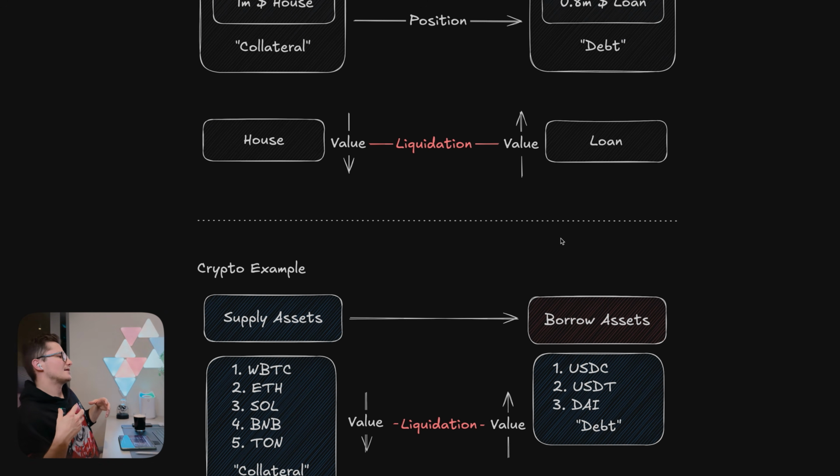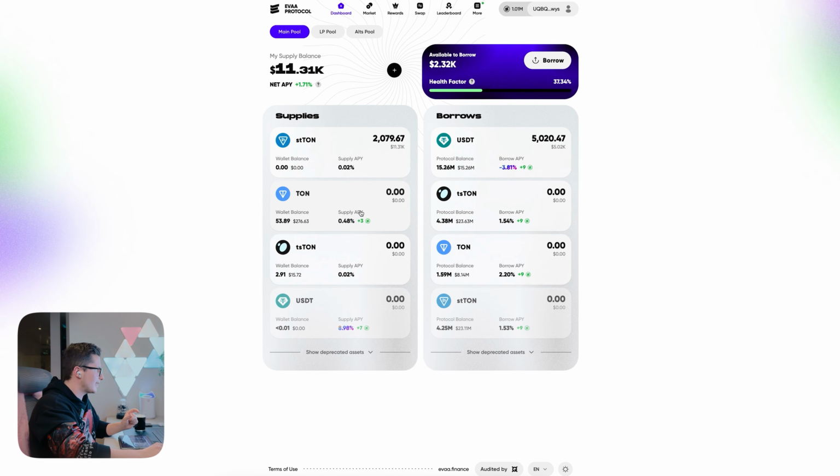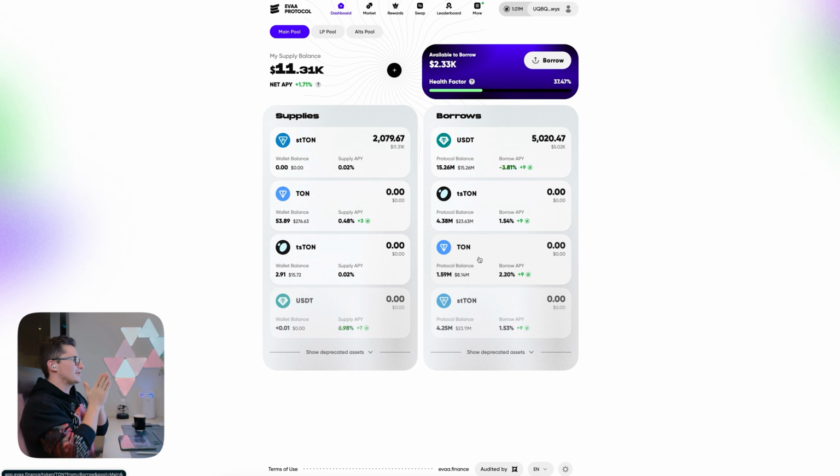And the thing is that on the lending protocol itself, you are able to get interest while you're providing USDT, for example, and at the same time it can be collateral to make a loan for you. So your collateral is already deposited and already earning interest. That's the difference between regular banking and the lending protocols in crypto.